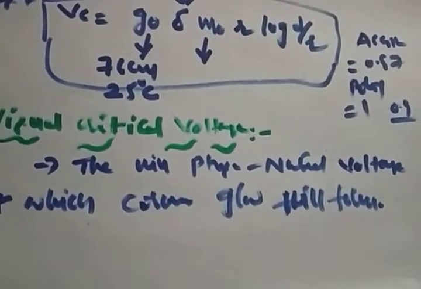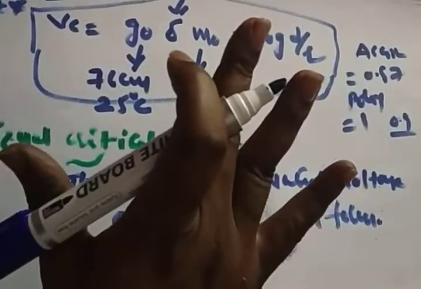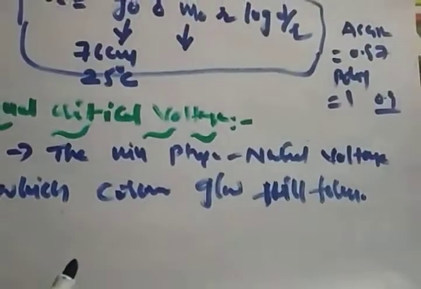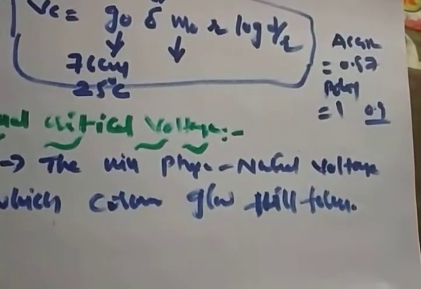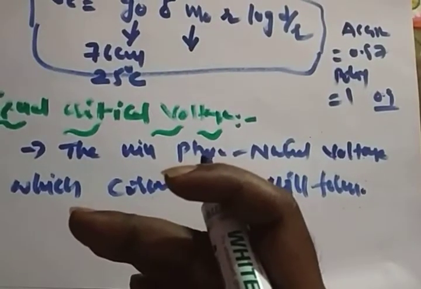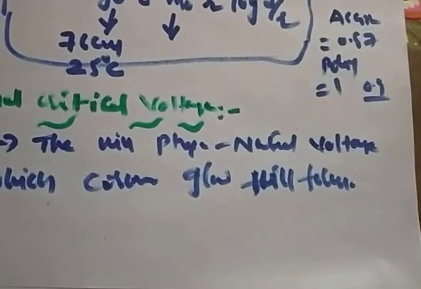I hope it's clear. Reaching the critical disruptive voltage does not mean the corona glow appears. It will just make a hissing noise, with electrons moving, hitting and colliding with the air molecules. Whenever the space between the two conductors is filled with electrons, it makes a conducting path, and then the corona glow will form.